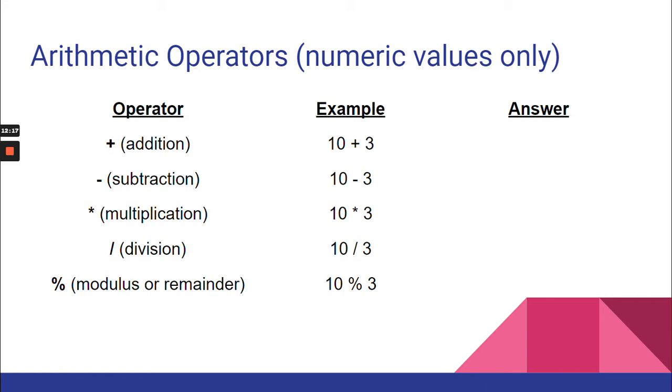Whole number 1. So the answer here would be 1, the integer 1. So what if it's 10 mod? This is sometimes referred to as the mod operator, mod, modulus, remainder. 10 mod 3, 10 mod 5. What is 0? Because 5 goes in there evenly twice with the remainder of 0. So 1 mod 1 is 0.